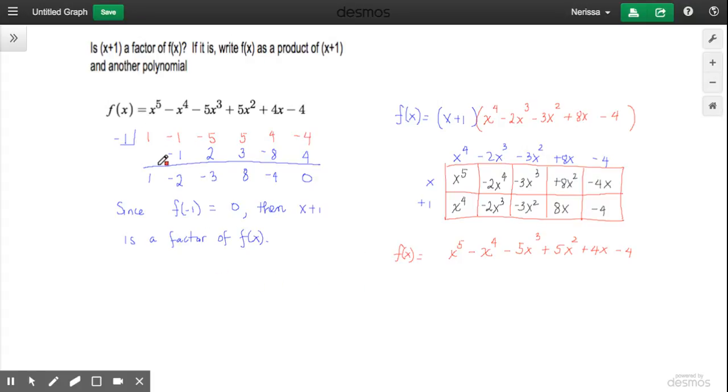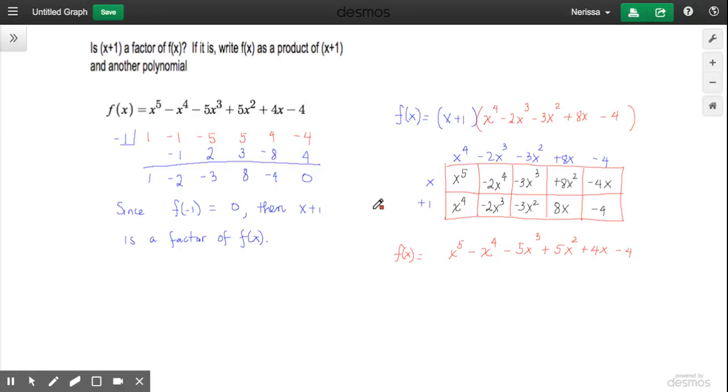We want to find out if x plus 1 is a factor of f of x. If x plus 1 is a factor, then negative 1 should be a 0. So we are testing if negative 1 is a 0 by doing this. And we found out that f of negative 1 is a 0. So therefore, x plus 1 is a factor of f of x.